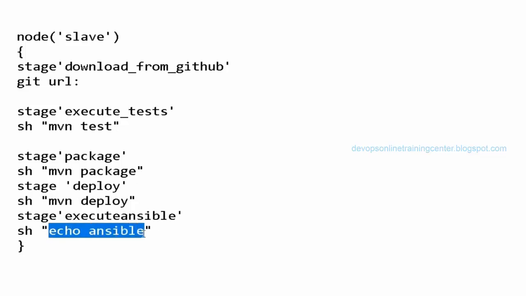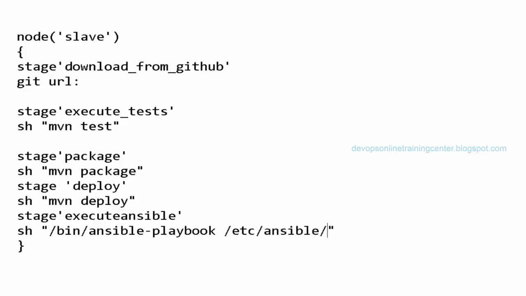Let us say here I'm giving echo Ansible. Here I need to give something like bin/ansible-playbook, then the full path of the playbook. This way the entire thing gets executed, but this is only for a particular branch.